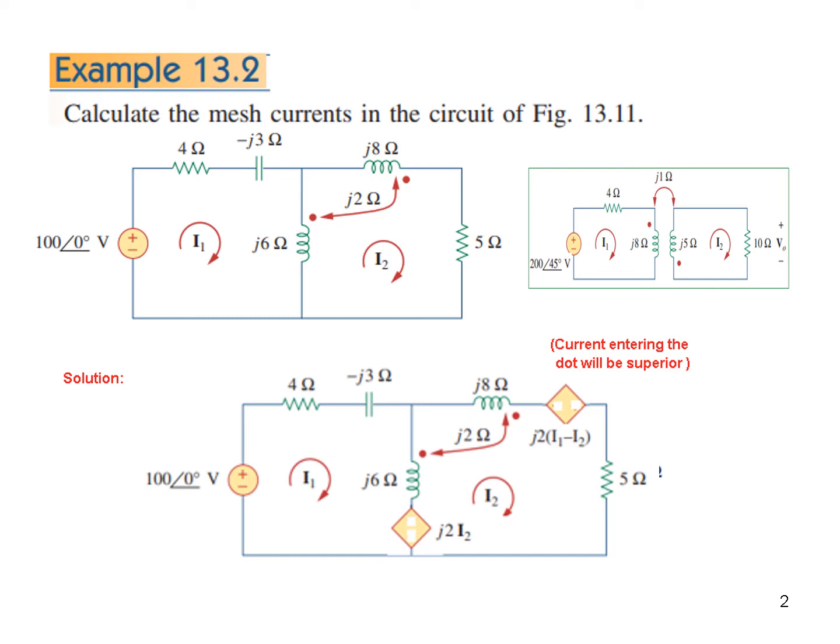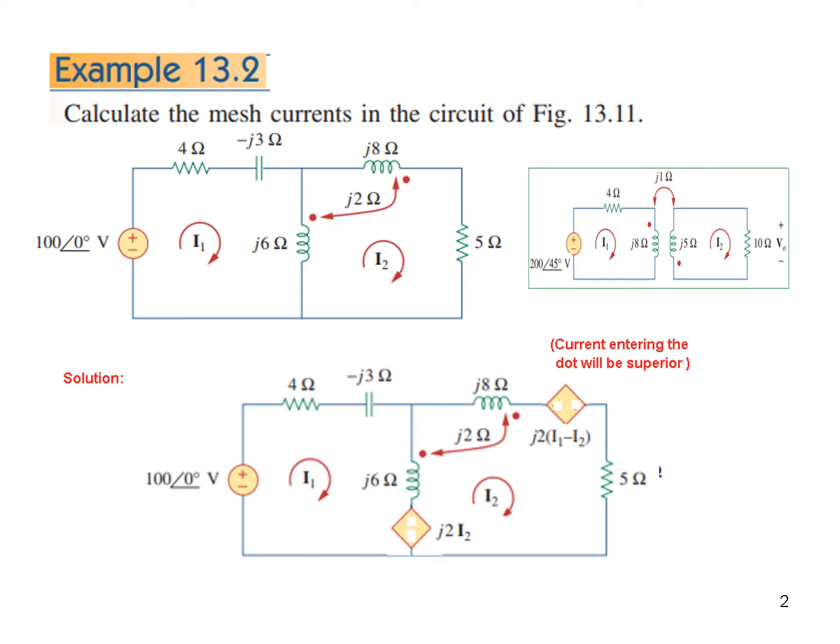Now if you see, I1 is entering the dot, so we'll take that to be greater, and I2 is actually leaving the dot. So we have to write here j2, the same mutual inductance, multiplied by I1 minus I2, not I2 minus I1. So this is a very important point to keep in mind.